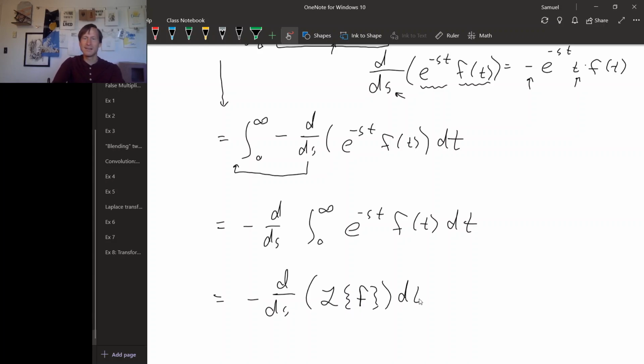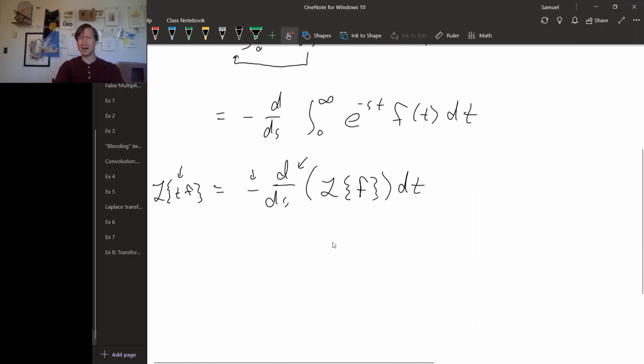So looking at where we started, we started with the Laplace transform of t times f, and we got minus the derivative with respect to s of the Laplace transform of f. So it looked like this multiplication by t in the t world gives you a derivative in the s world, and also a minus sign.